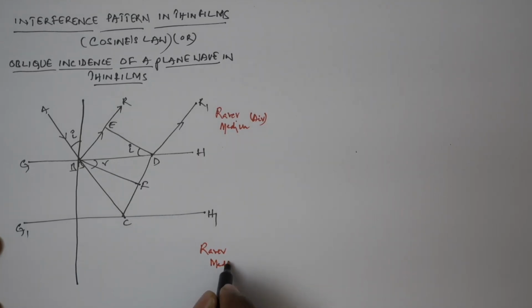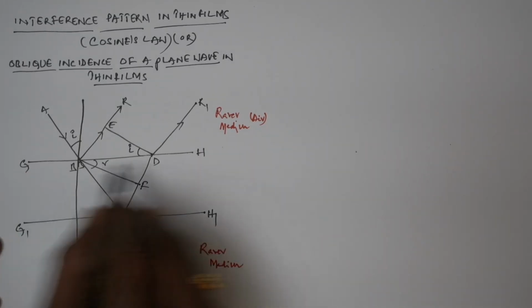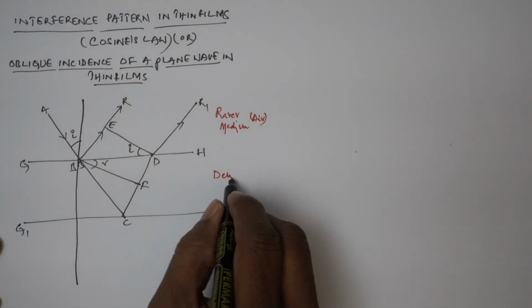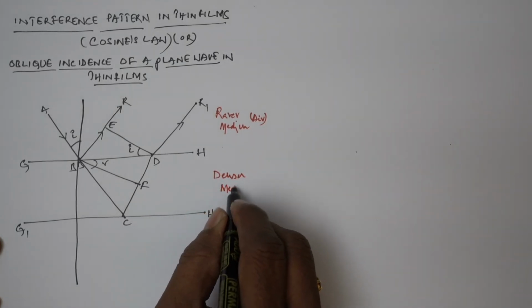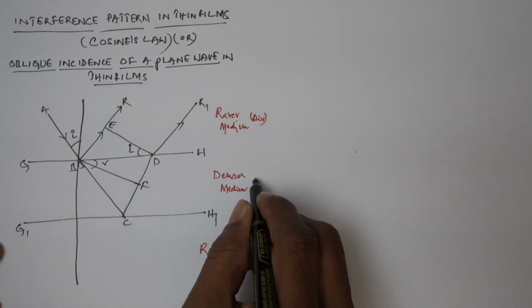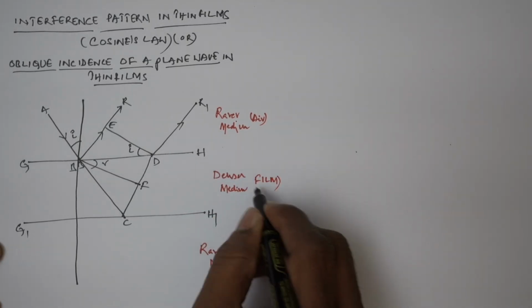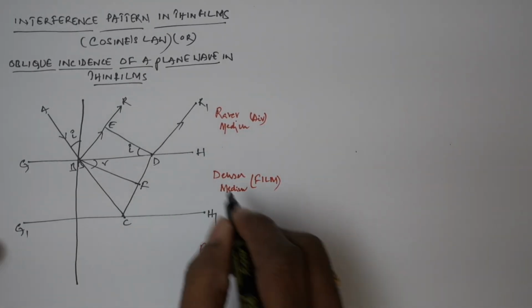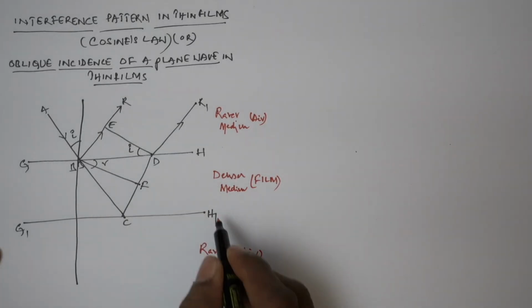In between the upper plane surface GH and the lower plane surface G1 H1, we have the denser medium. That means this is the film, and my film is considered as denser medium, and my rarer medium is air, on either side of the upper plane surface and lower plane surface.